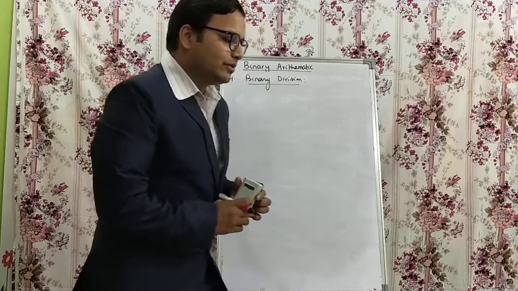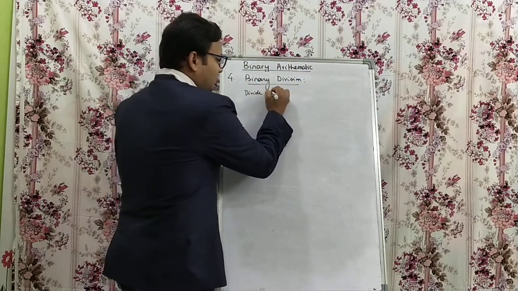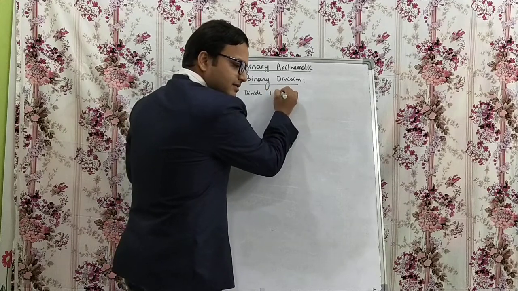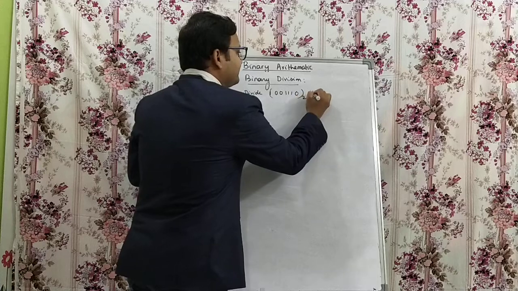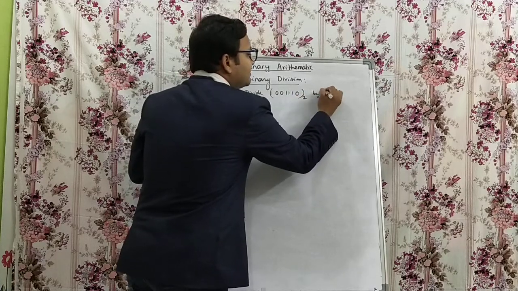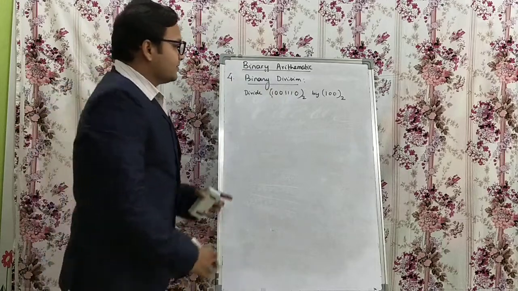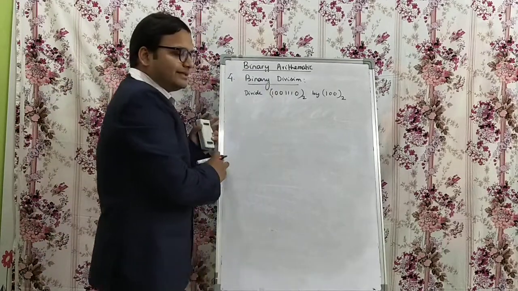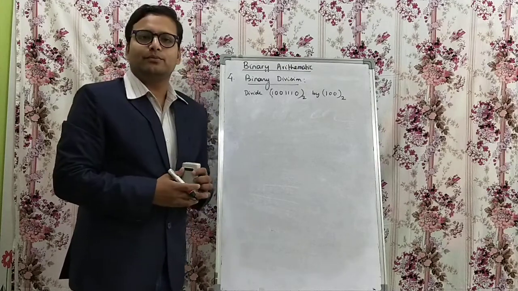Mainly we are going to divide 1 0 0 1 1 1 0 by 1 0 0. So what we are doing actually, here we have to see there is no certain rule, as we are using the same rule for division.